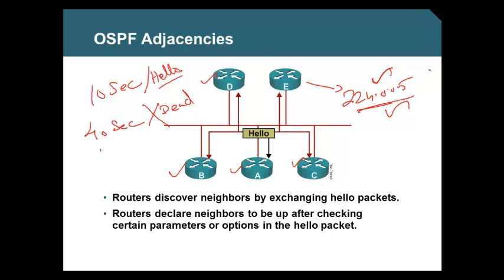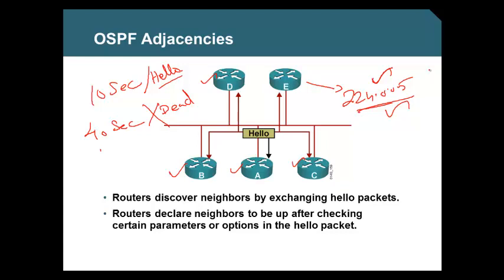So that is what is mentioned here in the second line. The router declares the neighbor to be up after checking certain parameters like timers, area ID, network and subnet mask. And there are other optional parameters also, like stub.